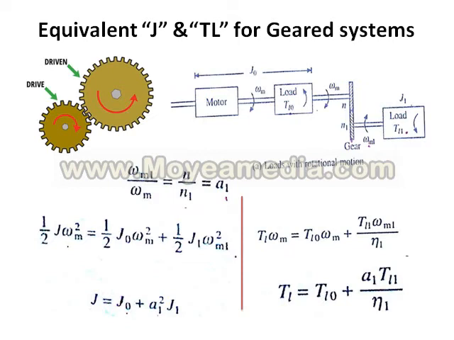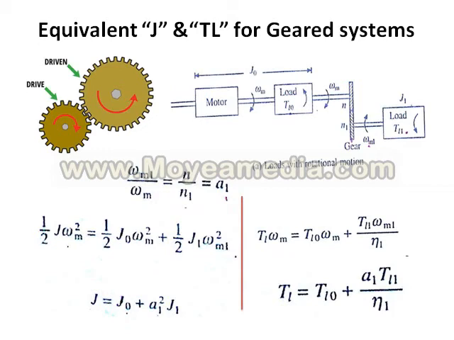In such a system, the driven wheel rotates in a direction opposite to that of the motor, as shown. Also, the speed of the driven wheel is A1 times the speed of the motor, where A1 is the inverse ratio of the number of gear teeth of the two wheels. The fewer the teeth, the higher the speed.